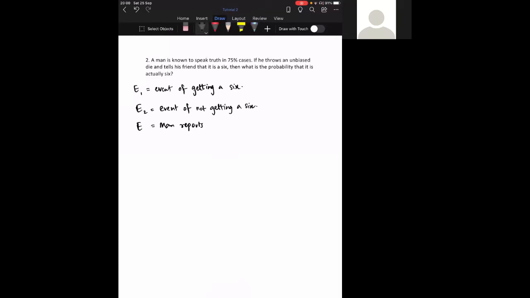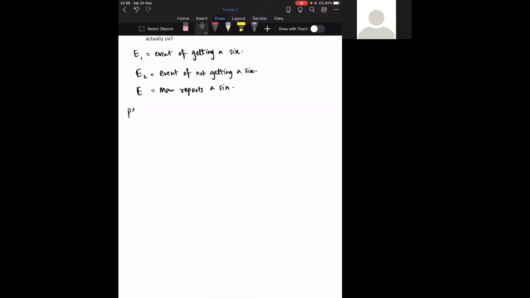ये अलग बात है कि वो सच बोल रहा है. We know that the probability of E1, that is कि die के ऊपर 6 आएगा, is 1/6 because that is fair. Probability of E2 is equal to the probability of E1 complement, which is equal to 5/6. Given this information, what is the probability that the man reports a 6, given that a 6 has actually occurred?